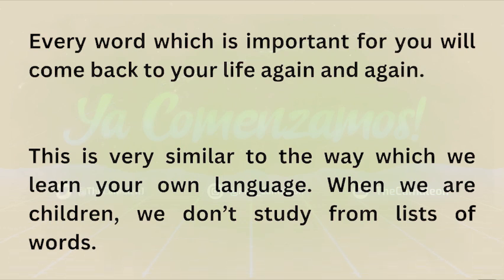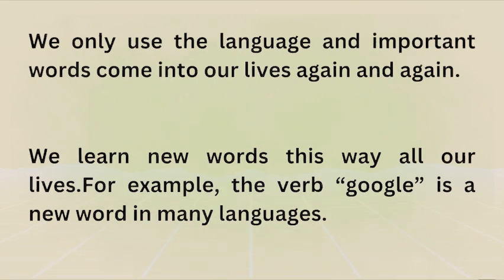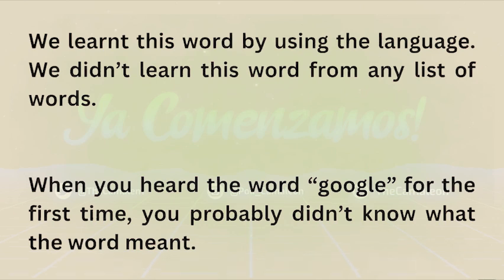This is very similar to the way which we learn our own language. When we are children, we don't study from lists of words. We only use the language, and important words come into our lives again and again. We learn new words this way all our lives. For example, the verb Google is a new word in many languages. We learnt this word by using the language.